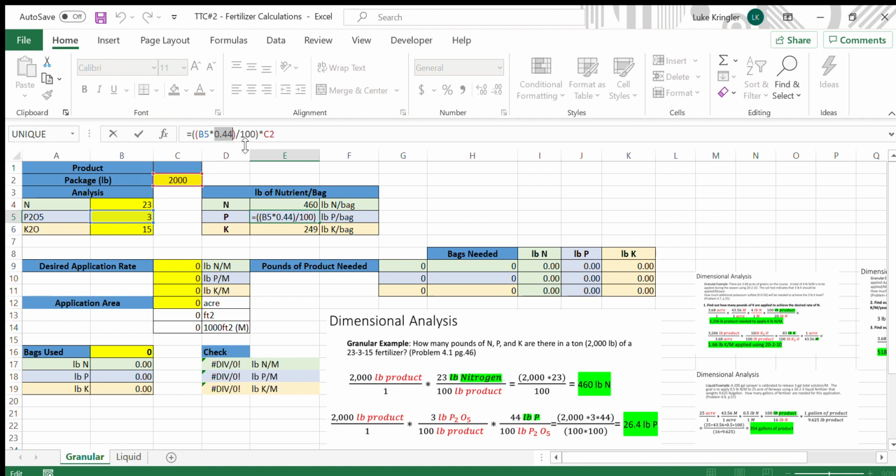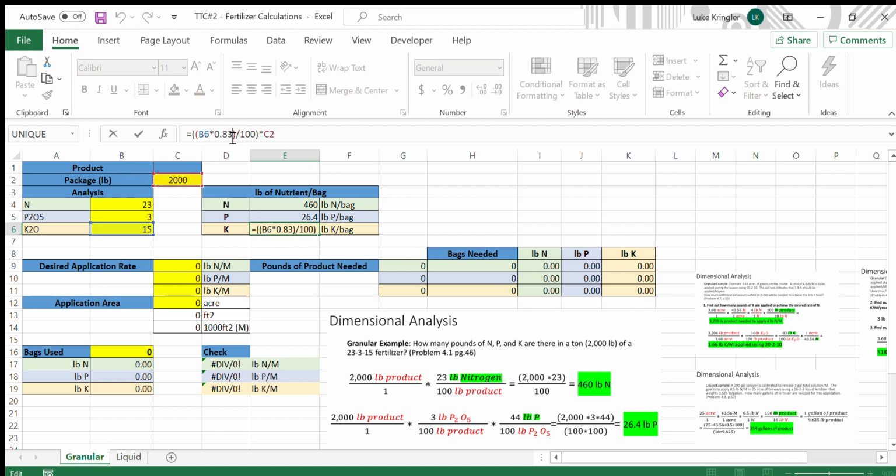And then we divide by 100 for the 3% by weight. And again, we multiply by the weight of either the bag or, in this case, a 2,000 pound parcel. And we find that we have 26.4 pounds of phosphorus in that 2,000 pounds of fertilizer.